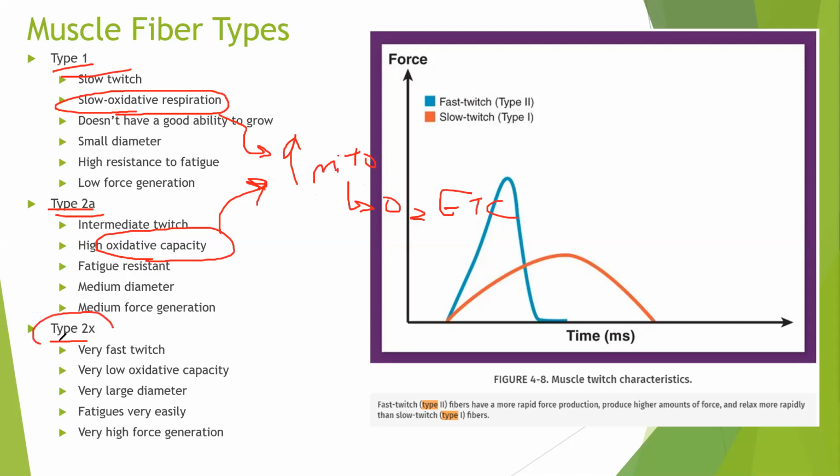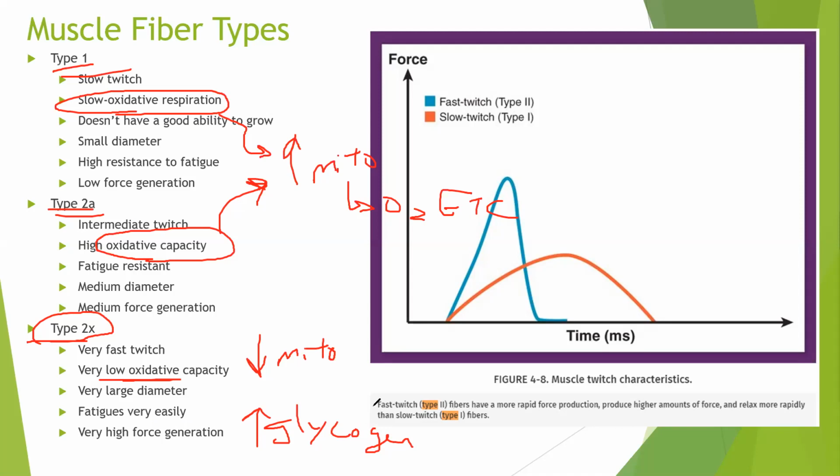Your type 2X, since they have very low oxidative capacity, they have low amounts of mitochondria. Primarily, they are getting their energy from glycogen. So these are the guys that are going to work great for you for maybe 5 minutes, and then they're going to peter out here.